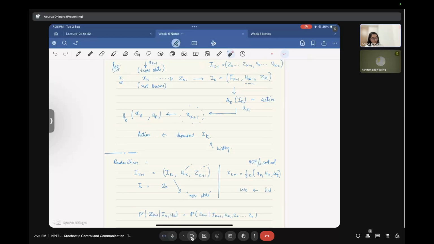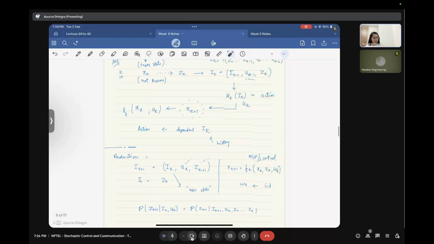So zk plus 1 depends on the action uk and the information, and the previous is more like a history for it, the previous observations, because we know the previous observations were dependent on their respective true states and the actions taken then, and so on.